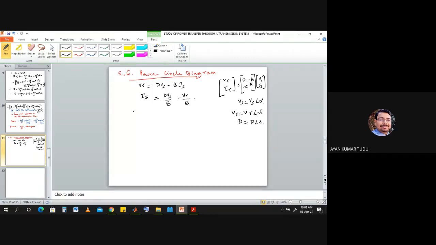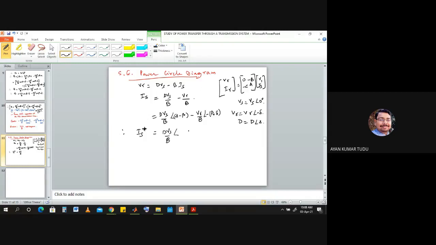So how can we write then Is? Actually we can write Is as dVs by B angle delta minus beta, minus VR by B angle beta plus delta. To make the complex power, means to make the inductive power positive, we will take the conjugate of this.